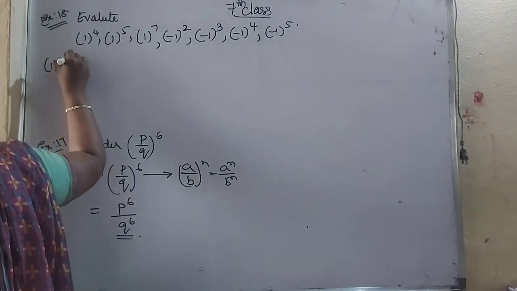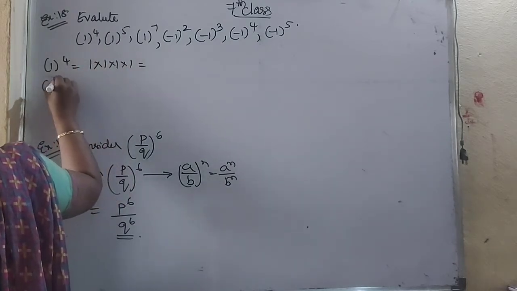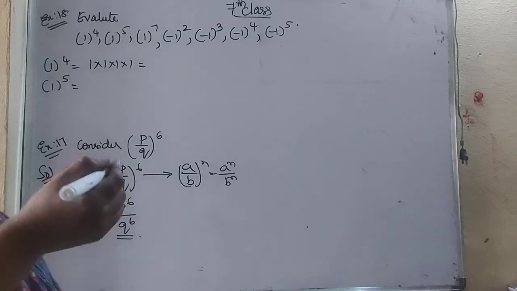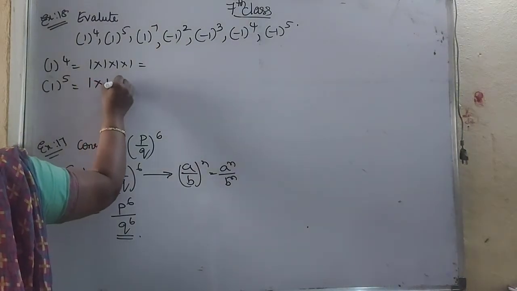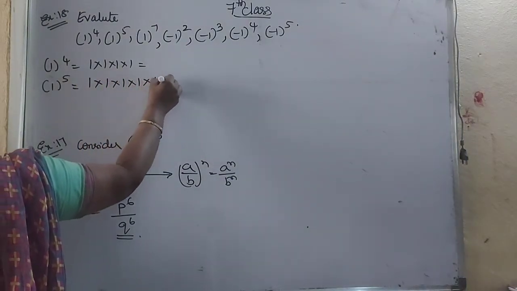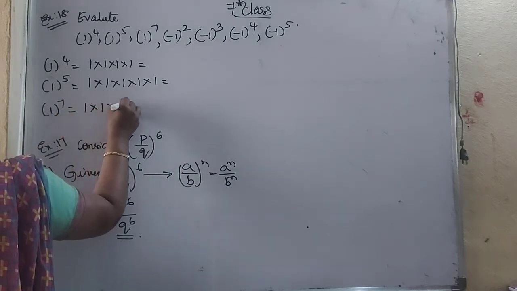So 1^4 is nothing but 1 multiplied 4 times. 1^5 is nothing but 1 multiplied 5 times, 1 into 1 into 1 into 1 into 1. 1^7 is nothing but 1 multiplied 7 times.